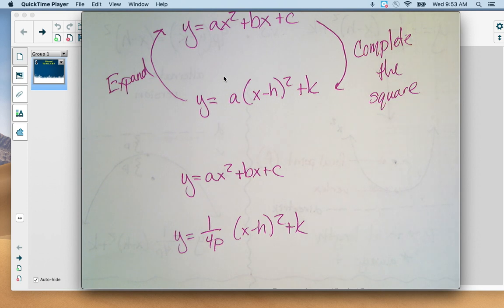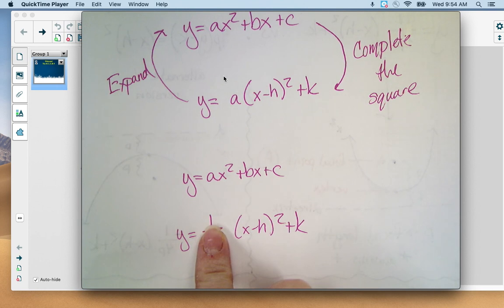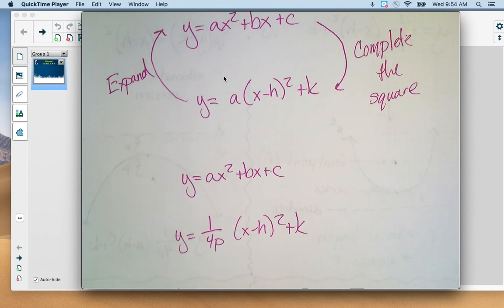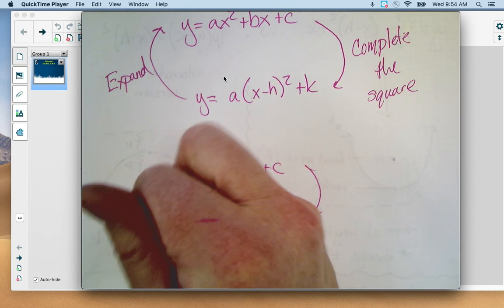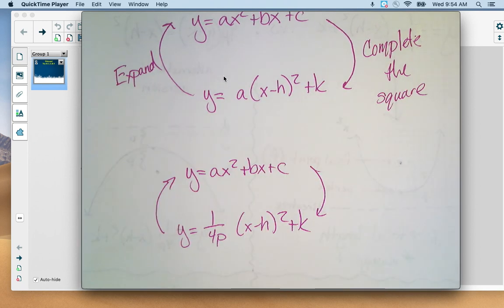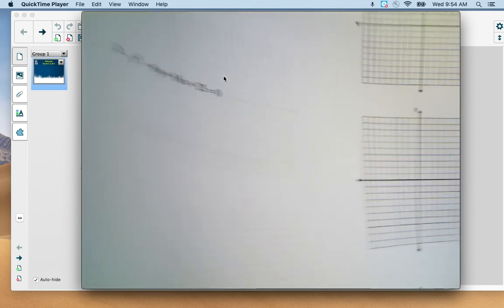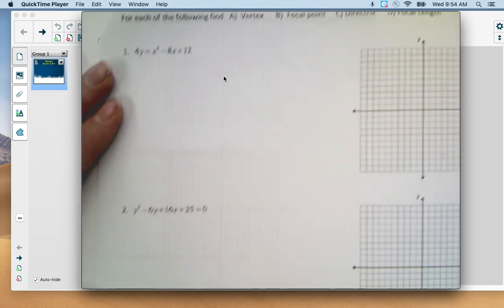No, it's just now I know more about what's happening to that A value in order to be able to find the focal length and the directrix. So it's still the same thing. I would complete the square and expand back if I needed to.